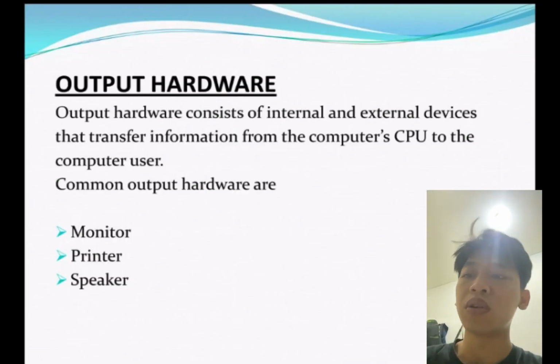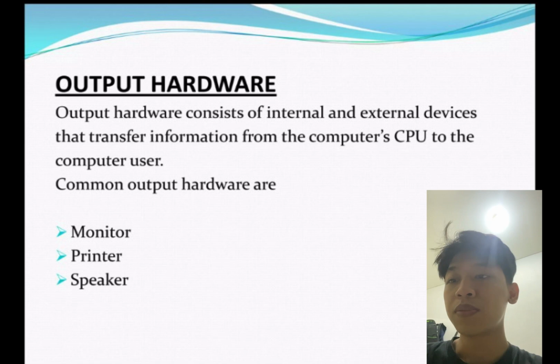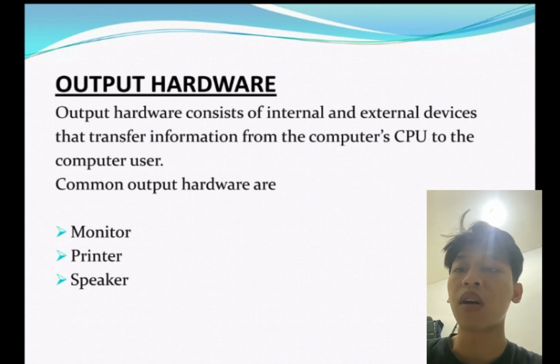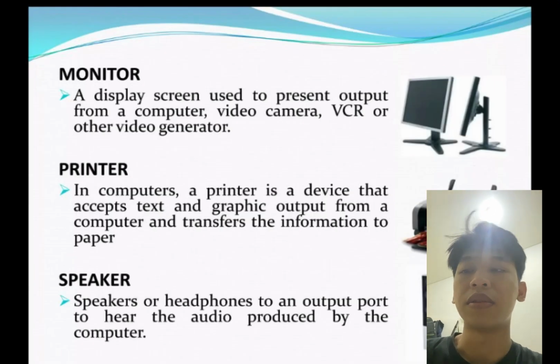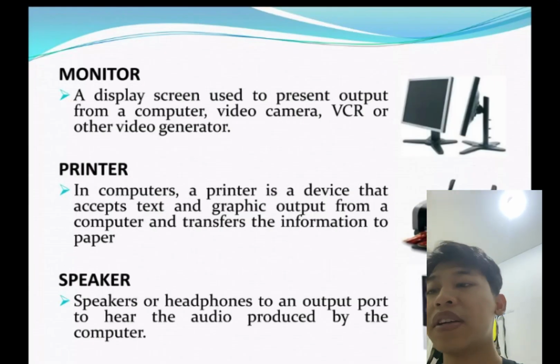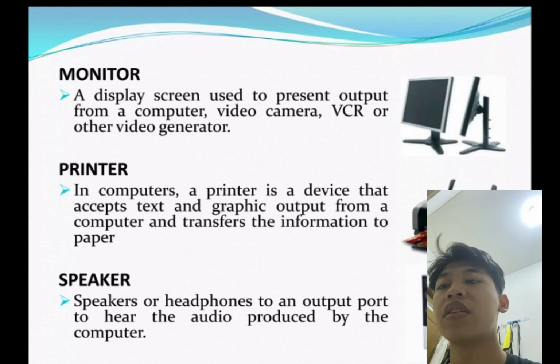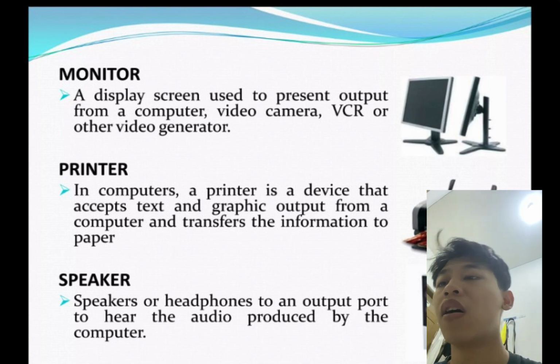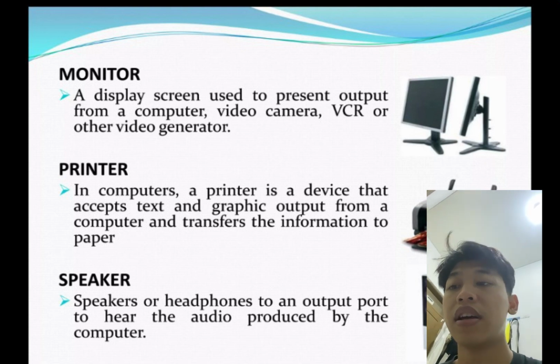And then is output hardware. Output hardware consists of internal and external devices that transfer information from the computer CPU to the computer user. Common output hardware are monitor, printer, and speaker. Monitor is a display screen used to present output from a computer, video camera, VCR, or other video generator.